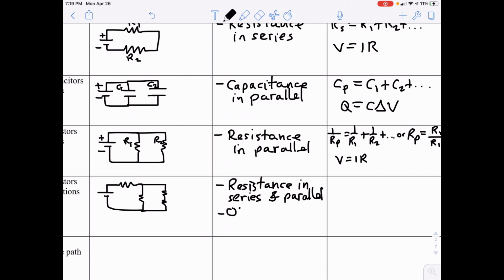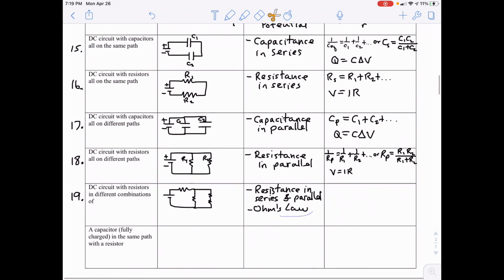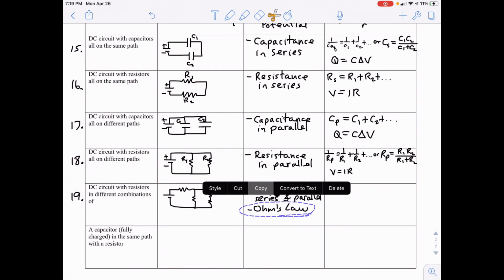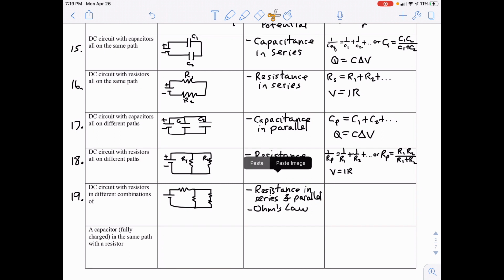Okay, Ohm's law is needed, and I really should have included that with 18 and with 16, since the Ohm's law equation is often needed.